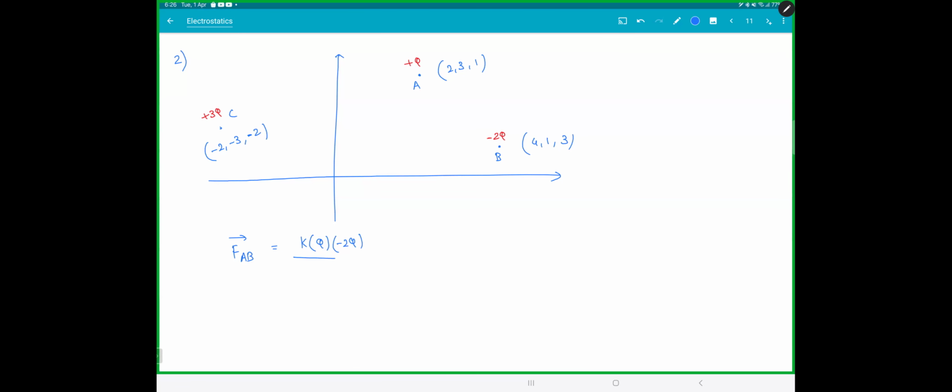The signs will take care of it. By the distance between them, it will be mod AB squared. And this will be how much? BA bar. Now you can clearly see the thing here. BA cap. So that is one way to do it. Or if you want, the minus sign will come out automatically. So what is BA bar?